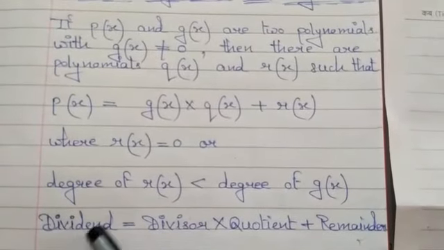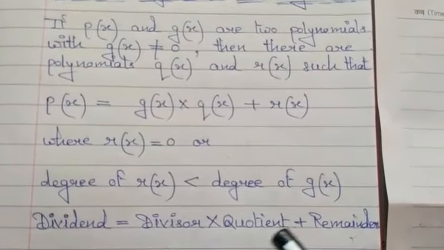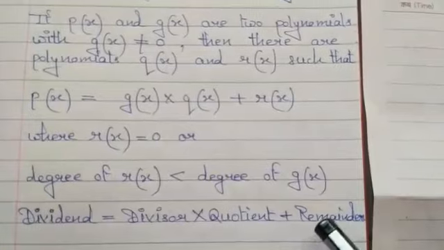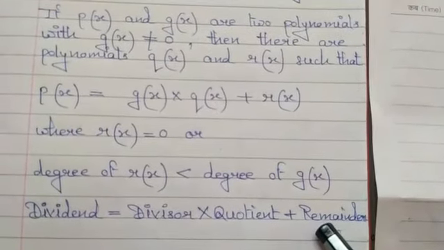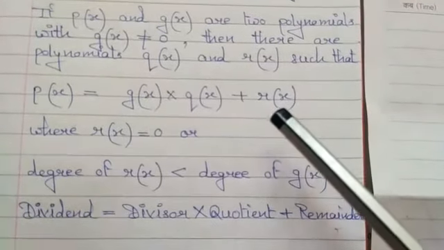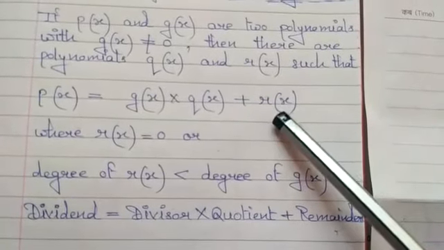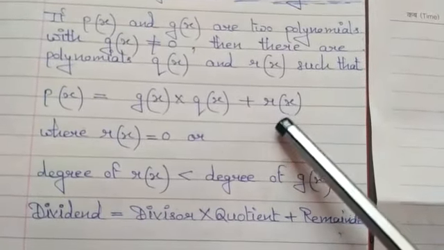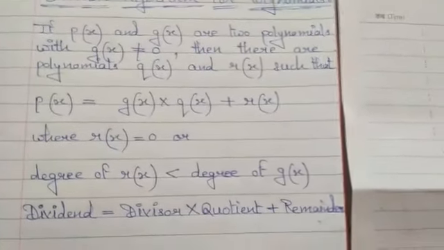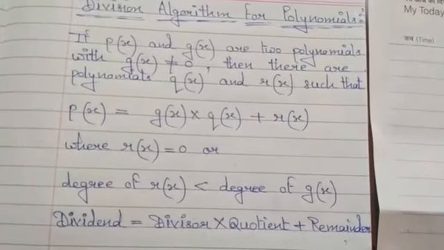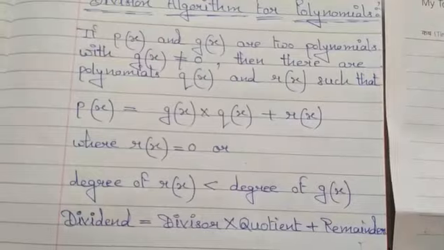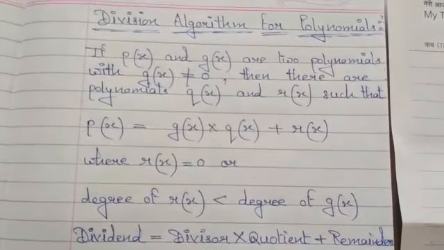So dividend equals divisor into quotient plus remainder. The remainder can be equal to 0 or otherwise, because they are algebraic expressions, the degree of r(x) should be less than the degree of g(x). So this is our division algorithm, and now we are going to do some examples on this topic.